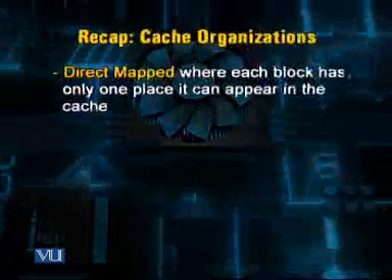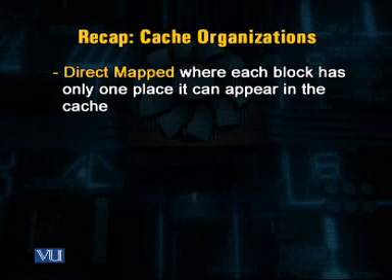Here we discussed the cache organization, where we said that based on the block placement policy, cache organization can be classified as the direct mapped cache, fully associative mapped cache, and set associative mapped cache. The direct mapped cache is one where each block has only one place it can appear in the cache.